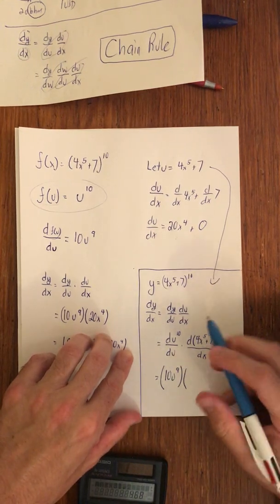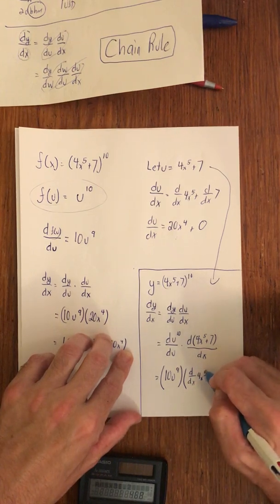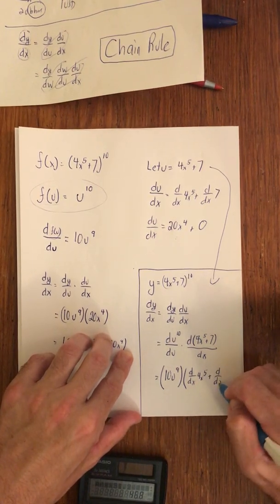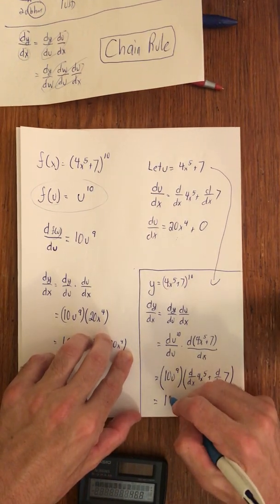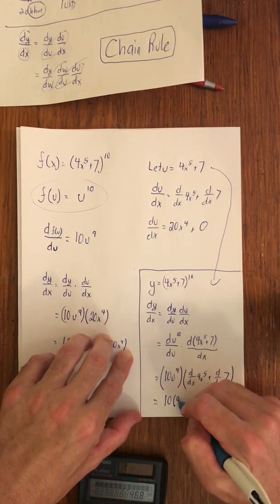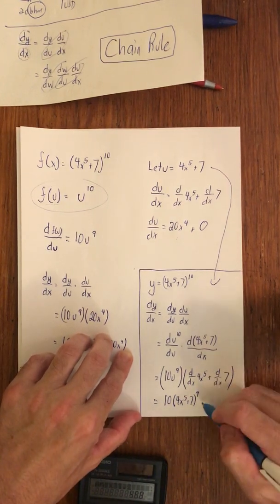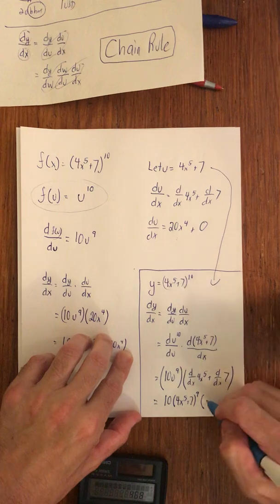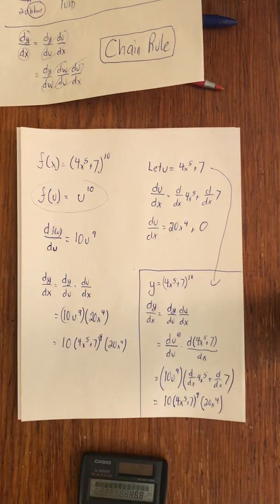And then here I would once again show my sum rule, ddx of 4x to the 5th plus ddx of 7. And then finish it off 10, and then resubstitute 4x to the 5th plus 7 to the 9th times 20x to the 4th. Boom, and I get the same answer.